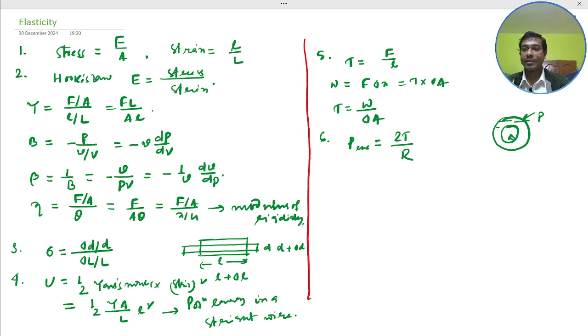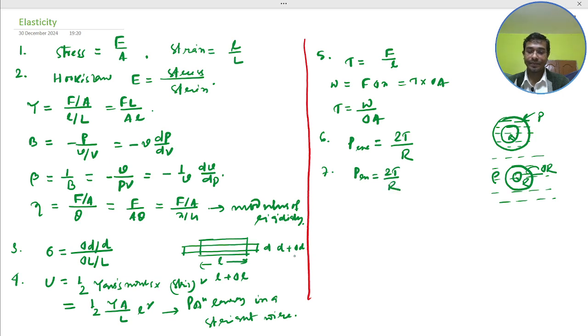Here this is liquid, and within it, this is R, this is del R, and here P excess would become 2T divided by R.